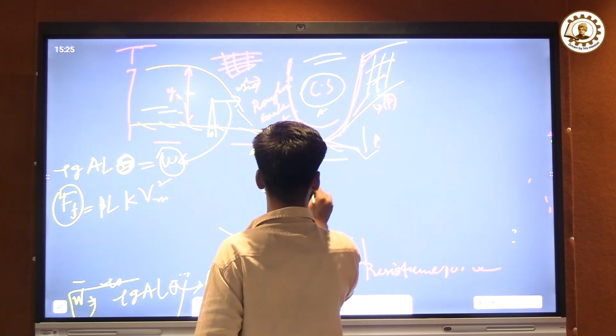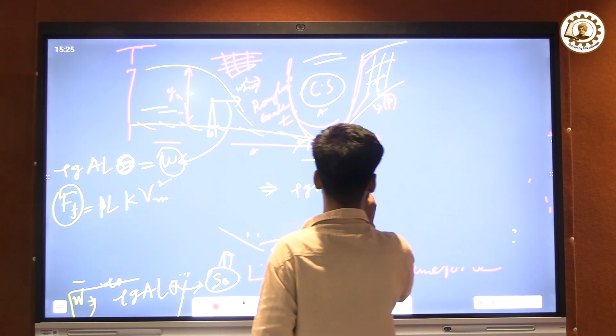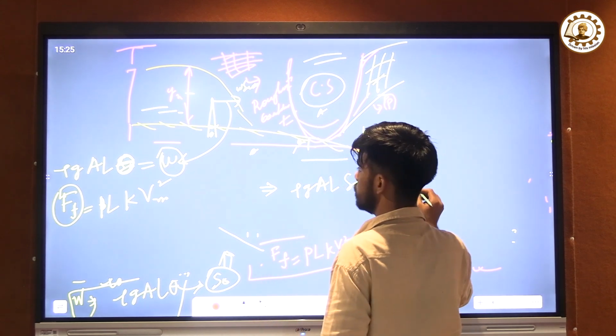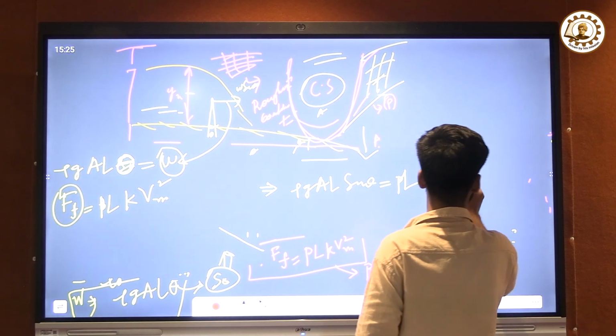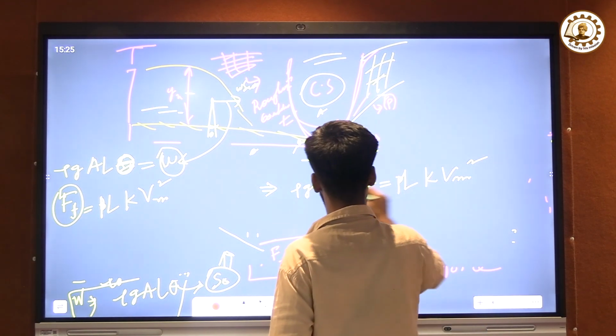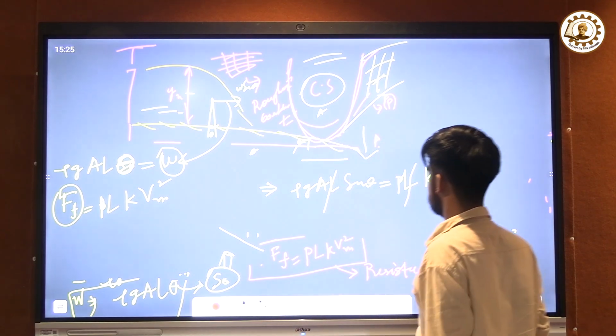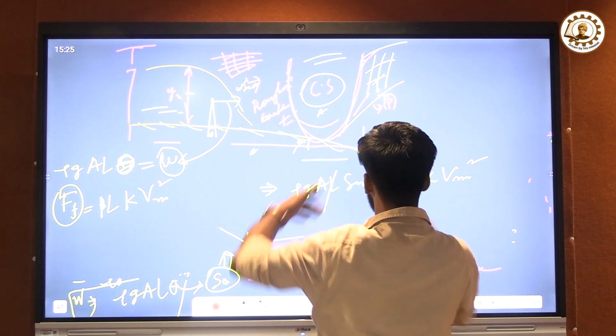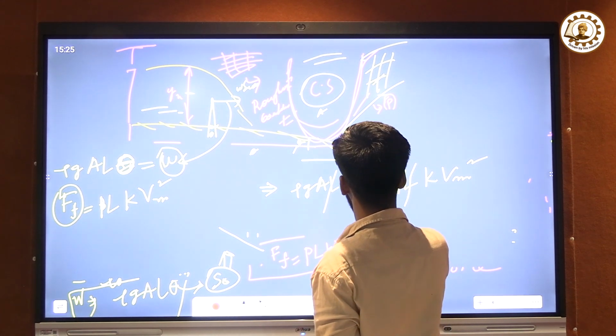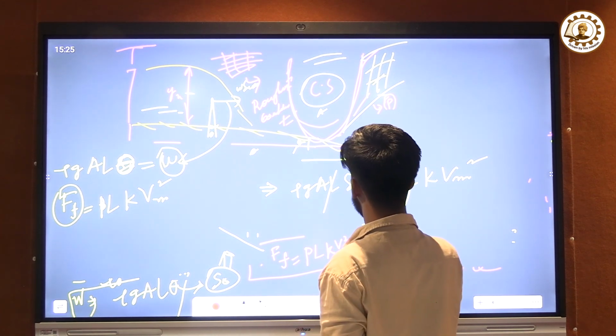So we can write rho g A L sin theta equal to P L K Vm square. Now L will be cancelled. So we get the sin theta value will be S0.